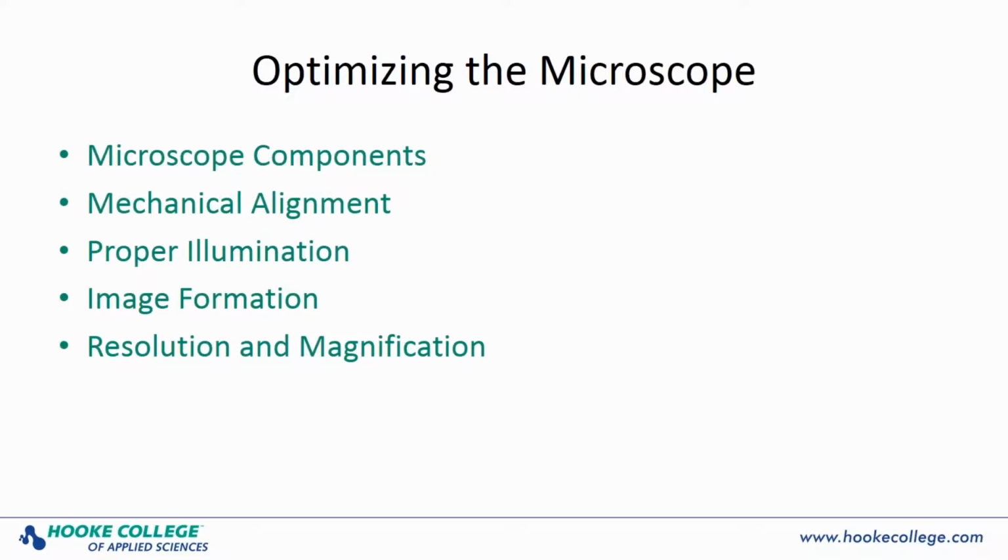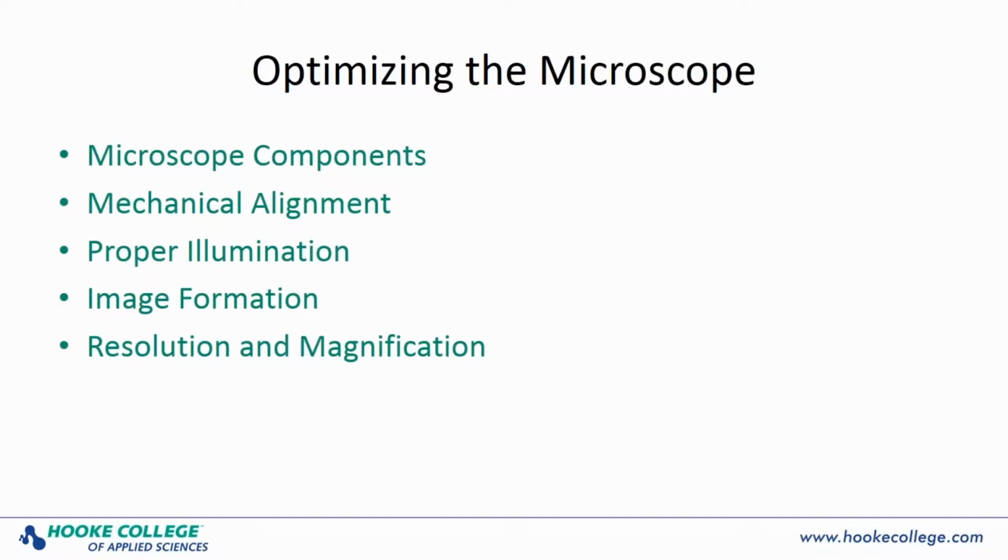This ensures good image quality. It's also important to understand how an image is formed so that the best focus, the best resolution, brightness, contrast, accurate color, etc. can be achieved. In other words, you want to set up the microscope to ensure the best possible images that allow you to see fine detail.